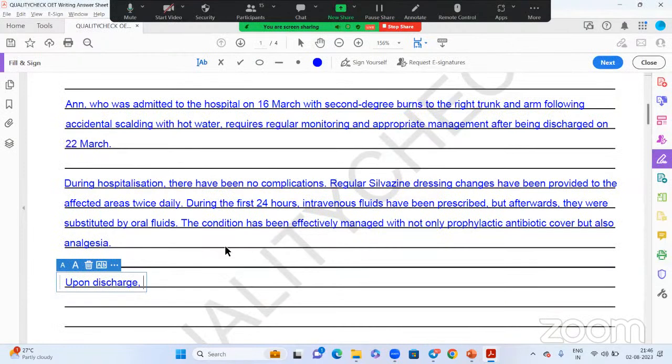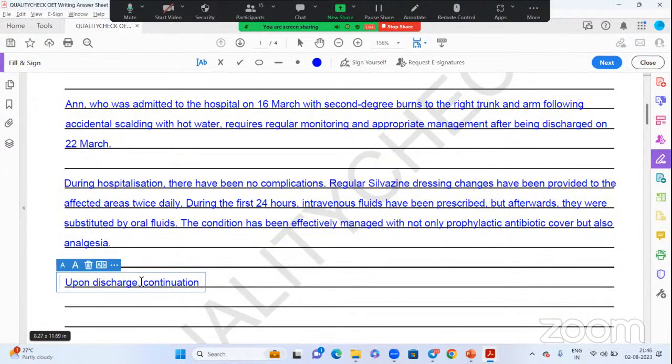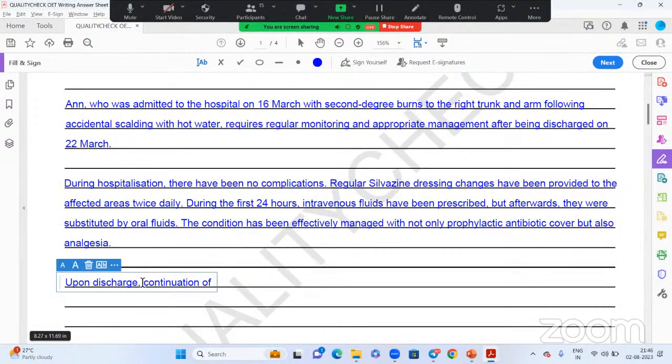So continuation. You're going to continue this one. Continuation of silverine dressings. Silverine dressing should be continued, or continuation of silverine dressing.